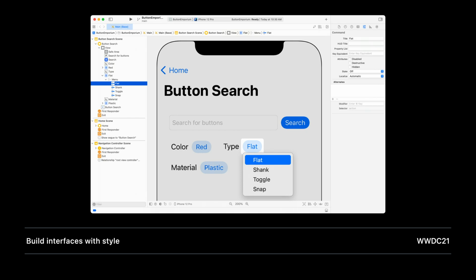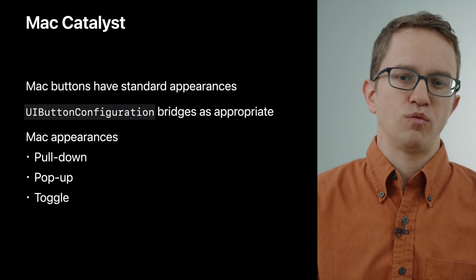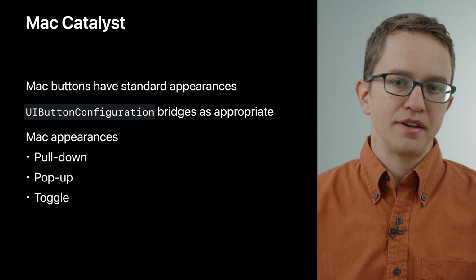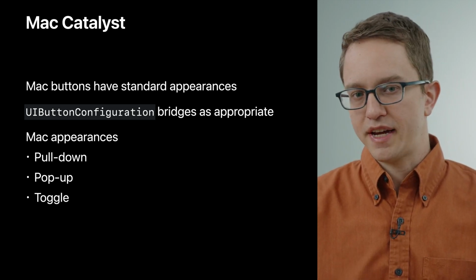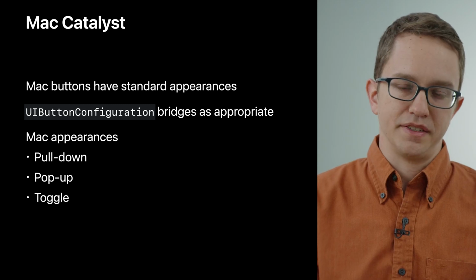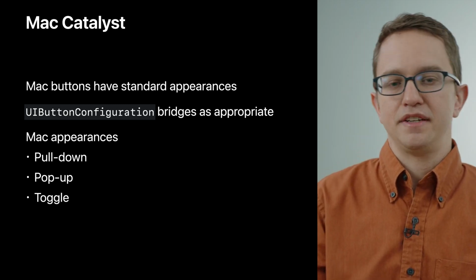One of the best parts of these new button types is that they automatically work on Mac Catalyst. Mac users expect buttons to look and behave a certain way, including pull-downs, pop-ups, and toggle buttons. With these iOS buttons, they automatically get updated to their Mac versions.